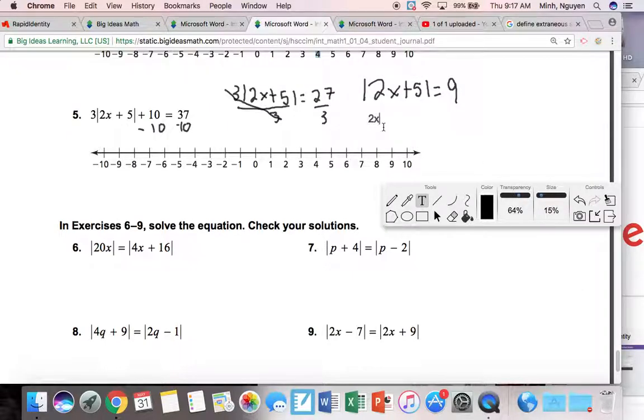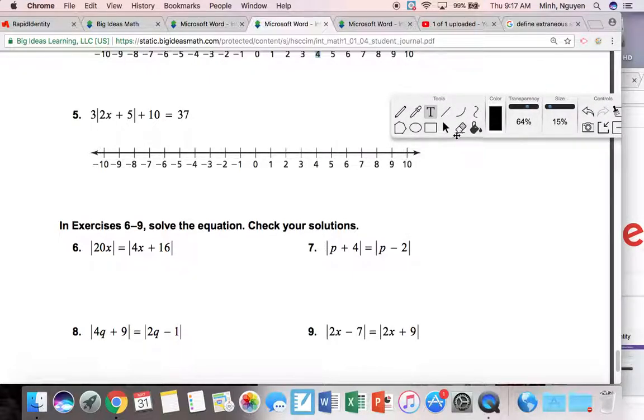We got 2x plus 5 equals 9. That's equation 1. 2x plus 5 equals negative 9. You'll subtract 5, and then you'll divide by 2, and whatever you get, that should be it. All right? So that's it for 1 through 5.